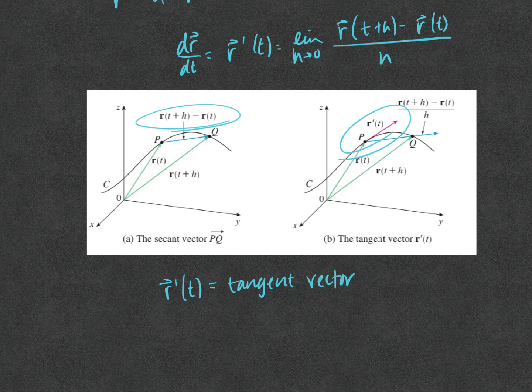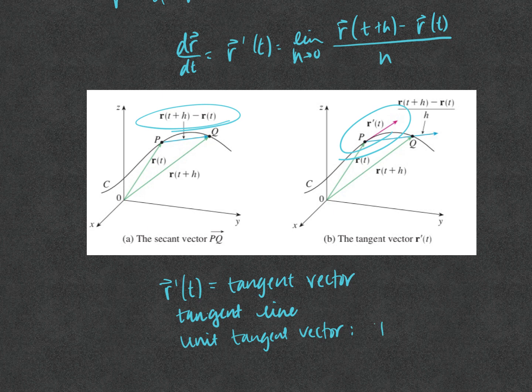And through that, we could find a tangent line parallel to the tangent vector. So we could also come up with the tangent line. Now remember, r prime of t cannot be 0 for that to happen. That's where we're going with that. And through that, we could find the unit tangent vector. And the unit tangent vector is, as you would imagine, the tangent vector using the unit formula.